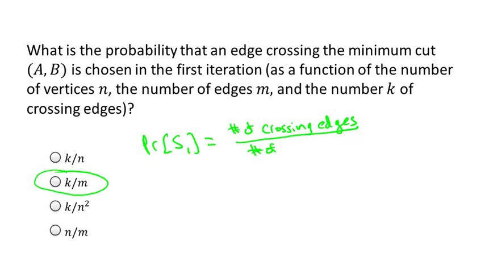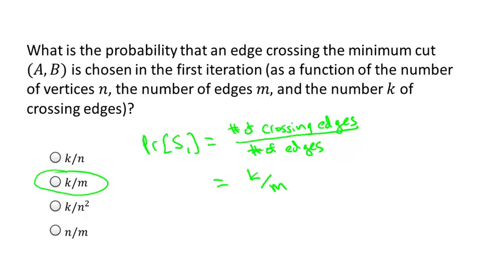That's the total number of things that could happen. And since all edges are equally likely, it just boils down to this. And by the definition of our notation, this is exactly k over m. So this gives us an exact calculation of the failure probability in the first iteration as a function of the number of crossing edges and the number of overall edges.